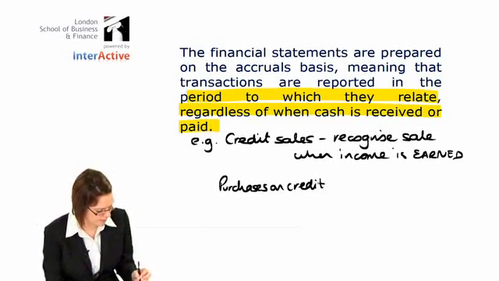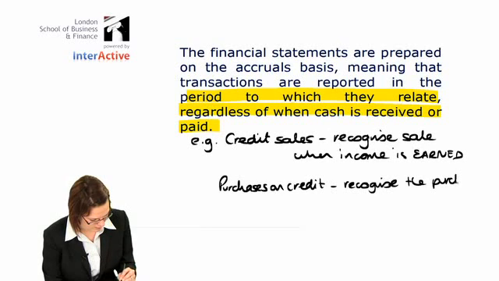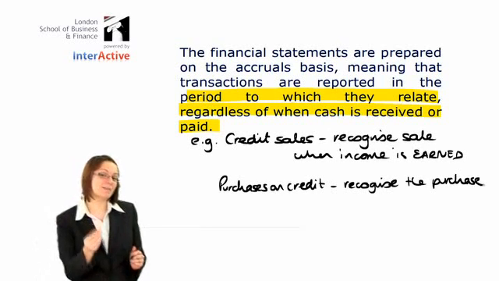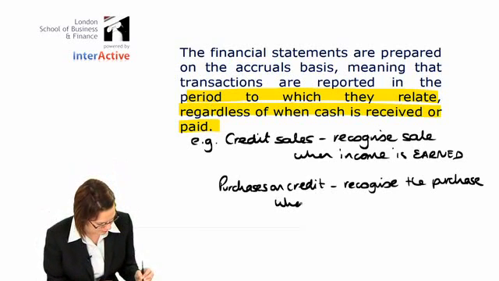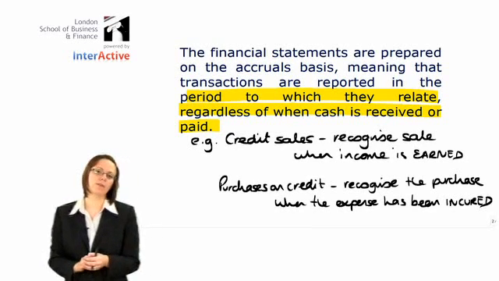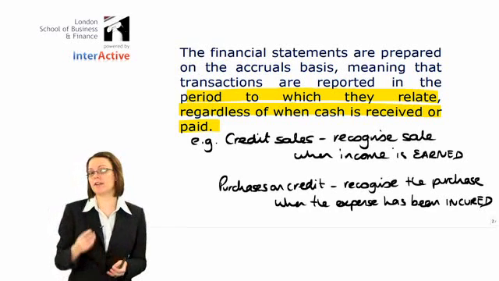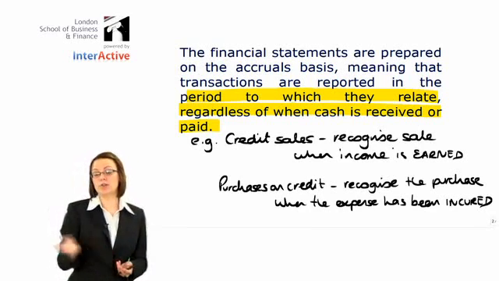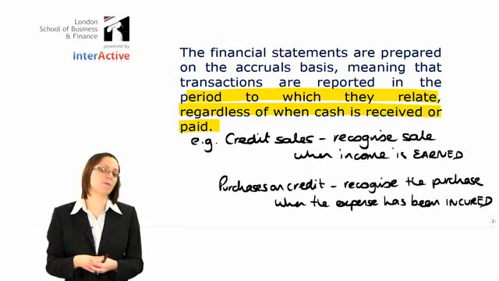I recognise the purchase when the expense has been incurred. So I recognise the purchase expense when I've incurred that expense, usually when I receive the invoice or the bill from the supplier.